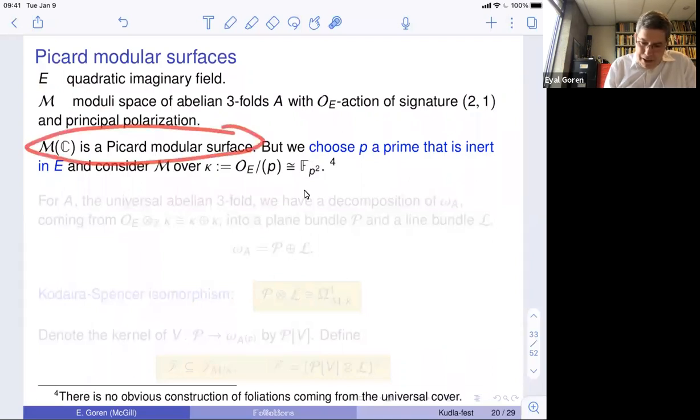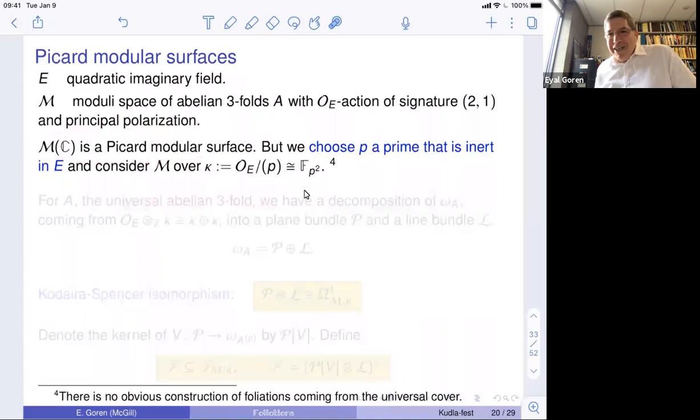M_C is the Picard modular surface. And I think that nicely connects to this conference because of Steve Kudla's and Jim Cogdell's very first papers that had to do with the Picard modular surfaces and the compact analog of the Hirzebruch-Zagier theorems in that context.